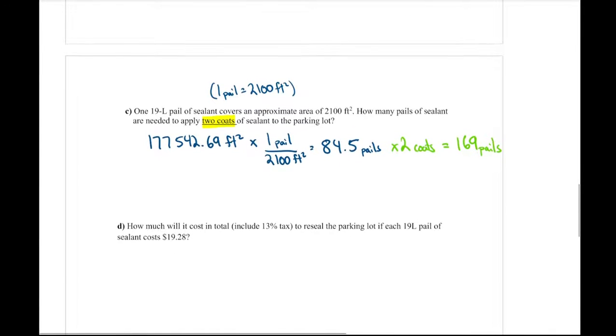The final question: how much will it cost in total, including 13% tax, to reseal the parking lot if each 19-liter pail of sealant costs $19.28? So again, I have another unit conversion or a unit rate here. I have 1 pail is equal to $19.28.